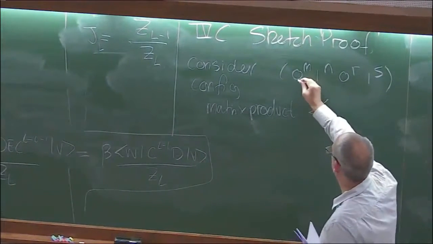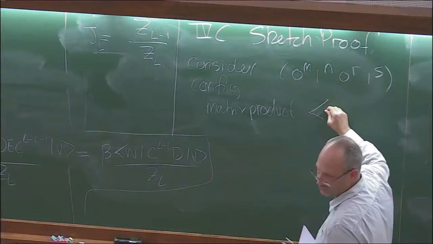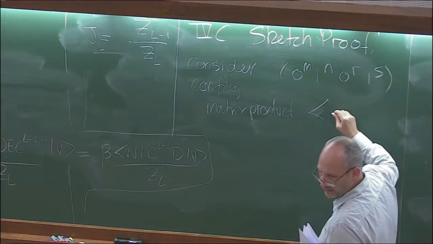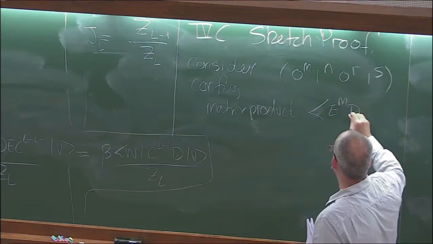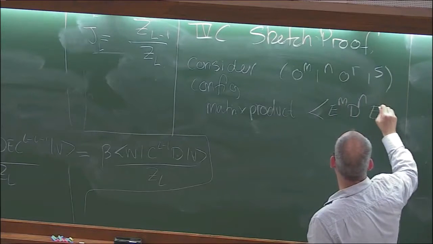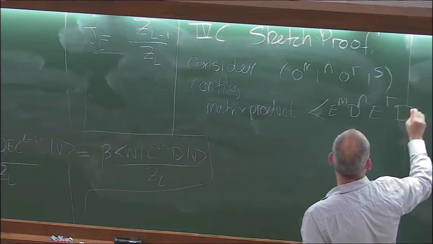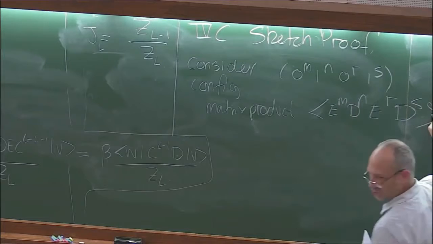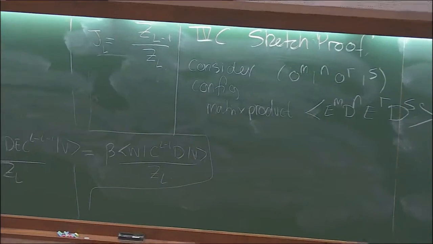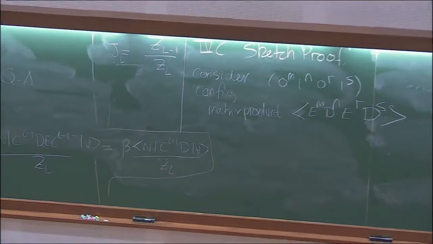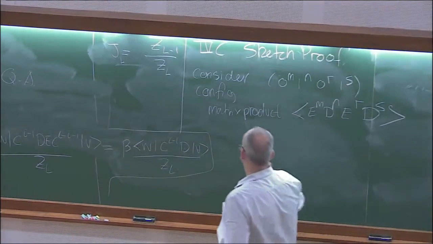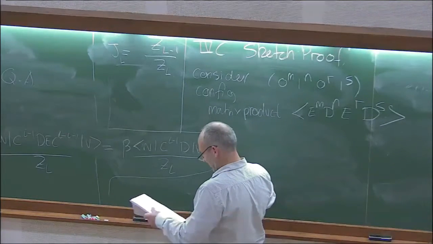So this is meant to be shorthand for the vector W. Then I'm going to have E to the m, D to the n, E to the r, D to the s, and that's a shorthand for the vector V, just to save me having to write everything out loads of times.